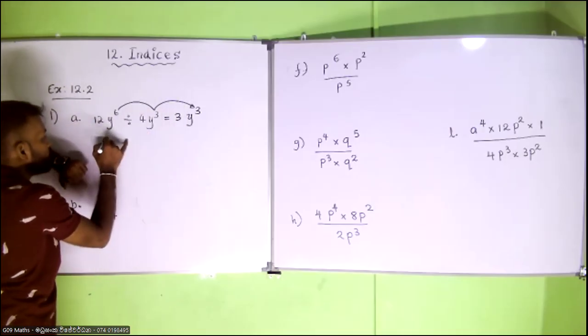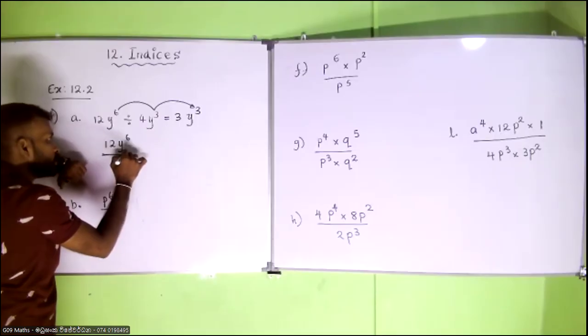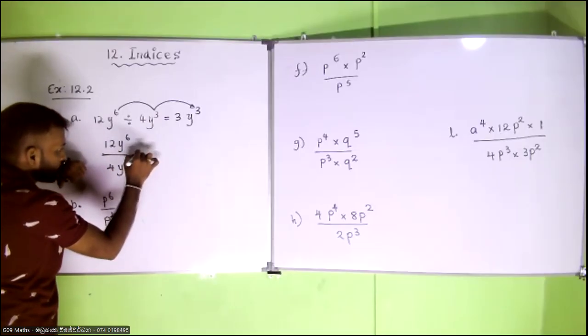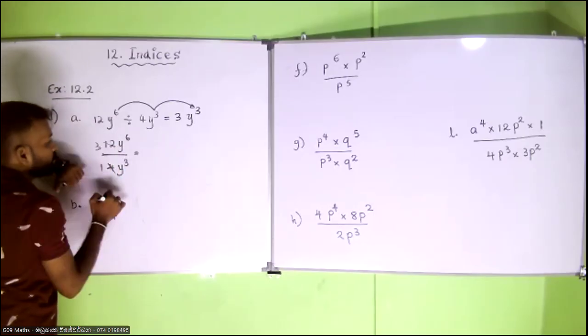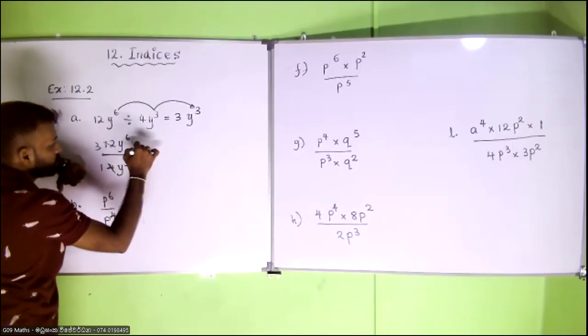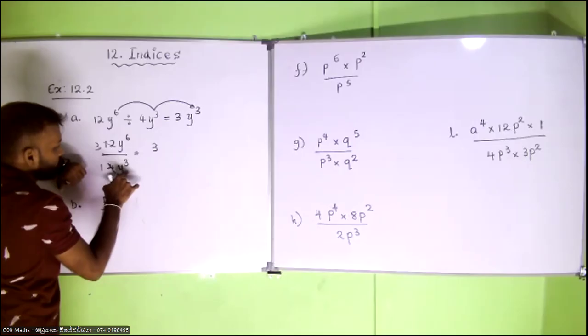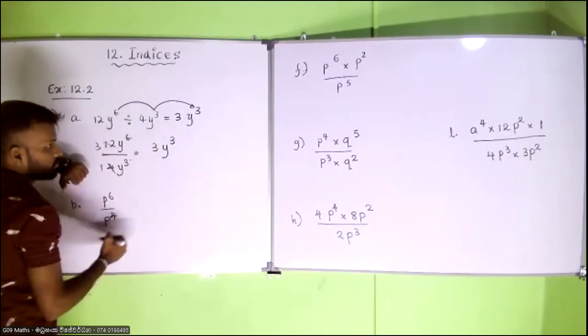And if you cannot understand this way, what would you do? This way. 12y to the power 6 divided by 4 times y to the power 3. Very simple. 4 times 1, 4 times 3. Subtract 6 minus 3, 3. So 3 times y to the power 6 minus 3, 3.